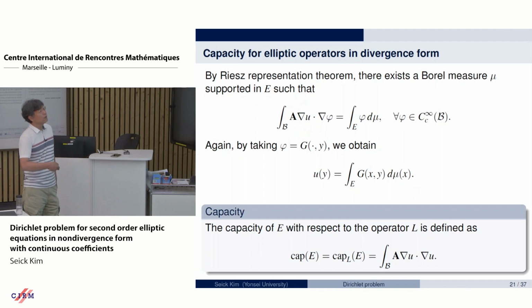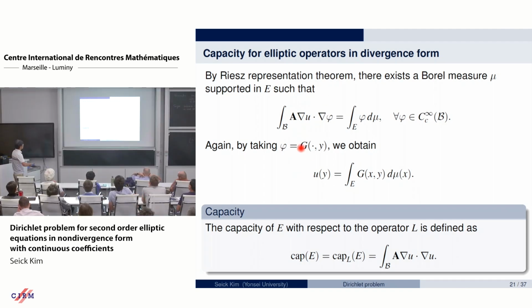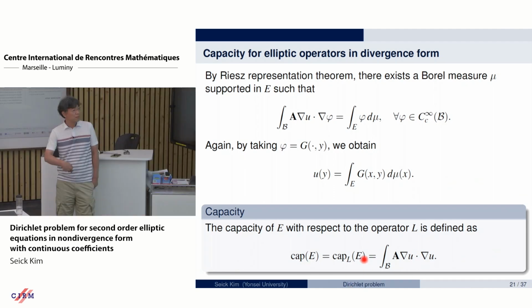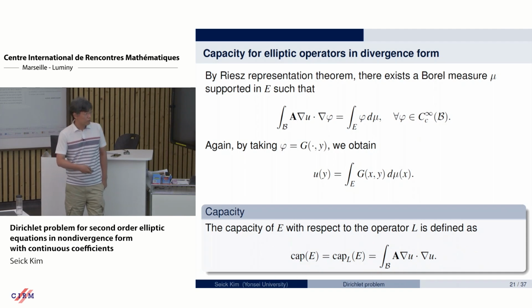Then again, just by using some approximation, you can take phi to be this Green's function. Then from here you get the u, y, and you get this representation, okay? So the capacity of E with respect to the operator L can now be defined like this. This u, which is the minimizer, and you have this integral, okay? And this is defined as the capacity of E.